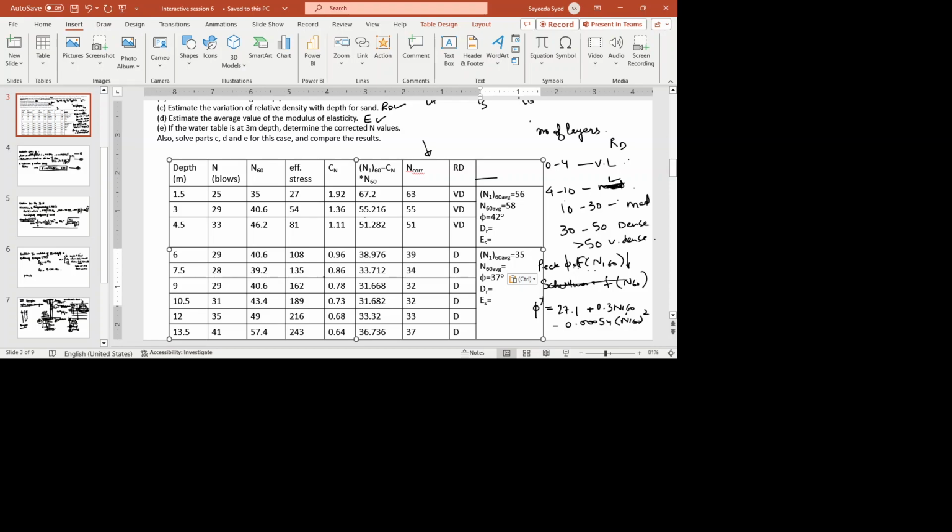The N60 average will be, sorry, it is 40.6, almost 41.